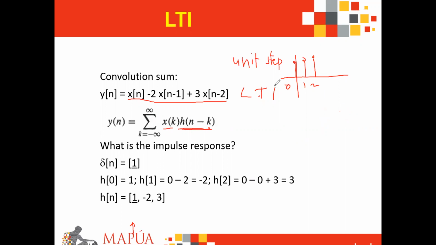Okay, so it's like saying that this particular signal is like your delta at 0, and then I add it with the delta at 1, and then I add it with the delta at 2. And what is this delta? It means impulse.